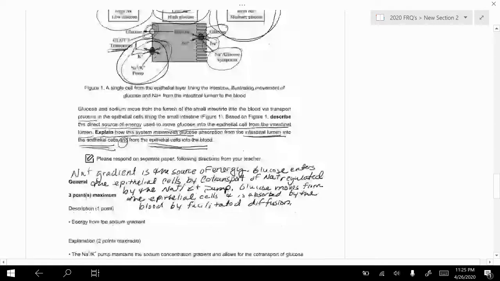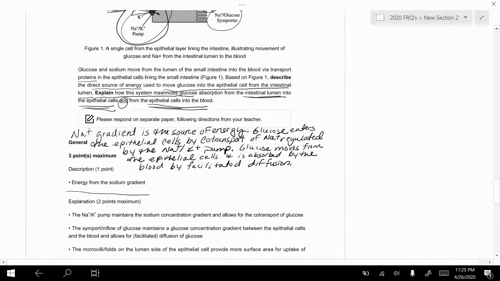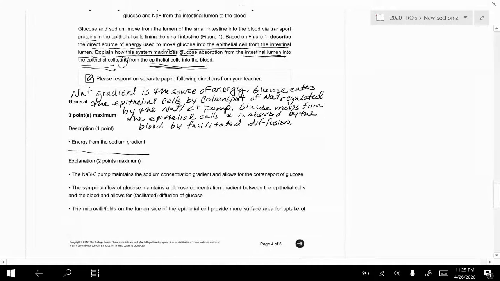All right, let's check it out. Energy is the sodium gradient. Let's look at this explanation. 2 points: the sodium-potassium pump maintains the sodium concentration gradient, allows for the co-transport of glucose. Didn't say it exactly like that, but we got that. The symport inflow of glucose maintains a glucose concentration gradient between the epithelial cells and the blood and allows for facilitated diffusion of glucose.